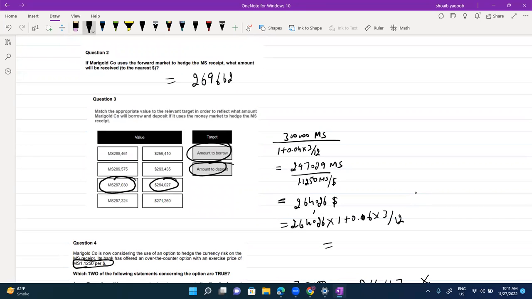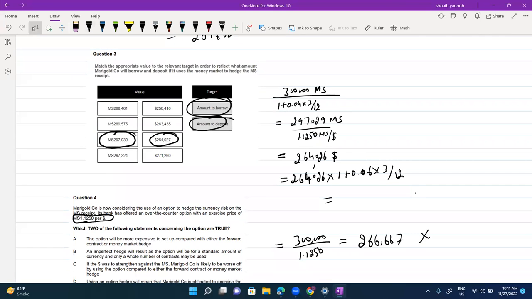What is the final answer of the money market hedge? क्या आता है ये, प्लीज कैलकुलेट करें. 267.